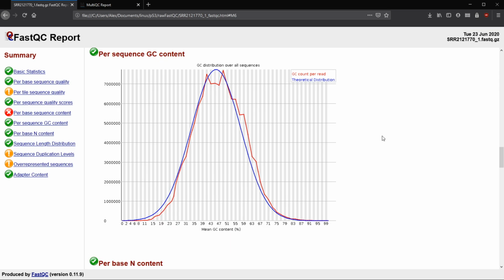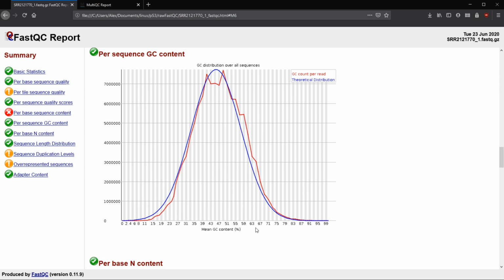But this tells us the GC content per read. So we have our cumulative reads here, and across the bottom is that percentage. We expect a fairly normal distribution if the library is truly random. So very few have only 1 or 2 Gs, and also very few have all 51 be Gs or Cs.